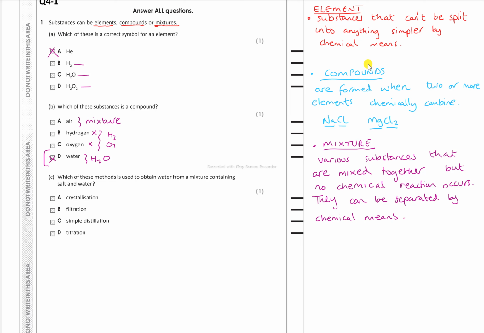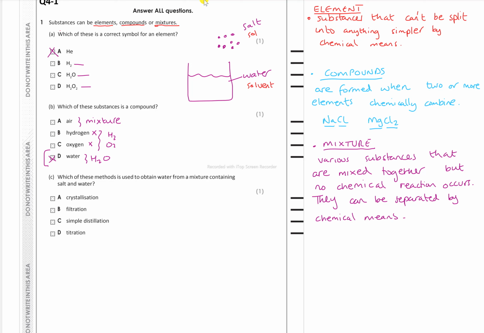Which of these methods is used to obtain water from a mixture containing salt and water? So what you've got is water here, and you've got your salt here. This is the solvent, the liquid that's going to dissolve the thing.